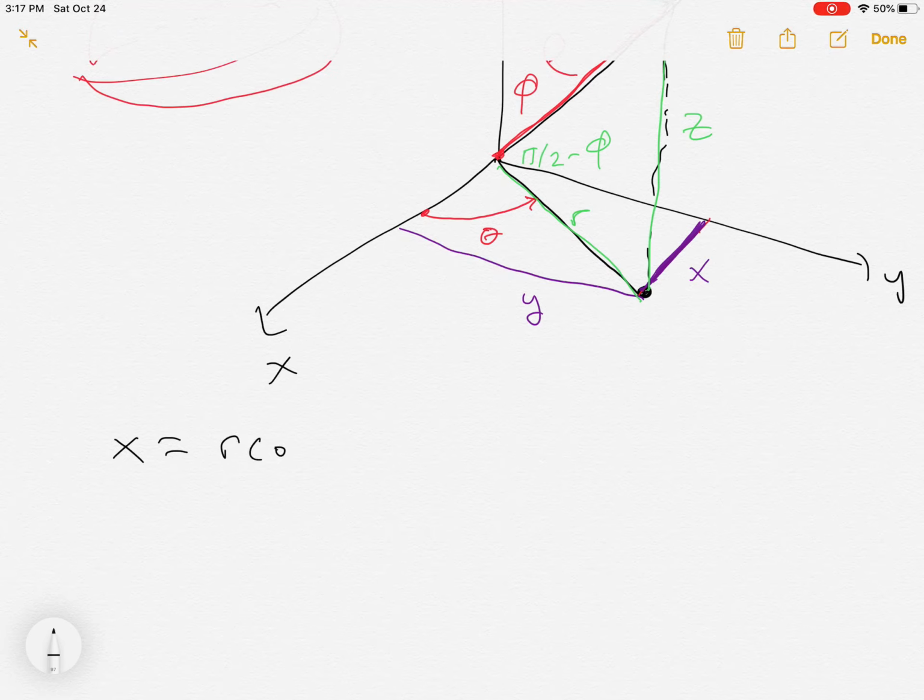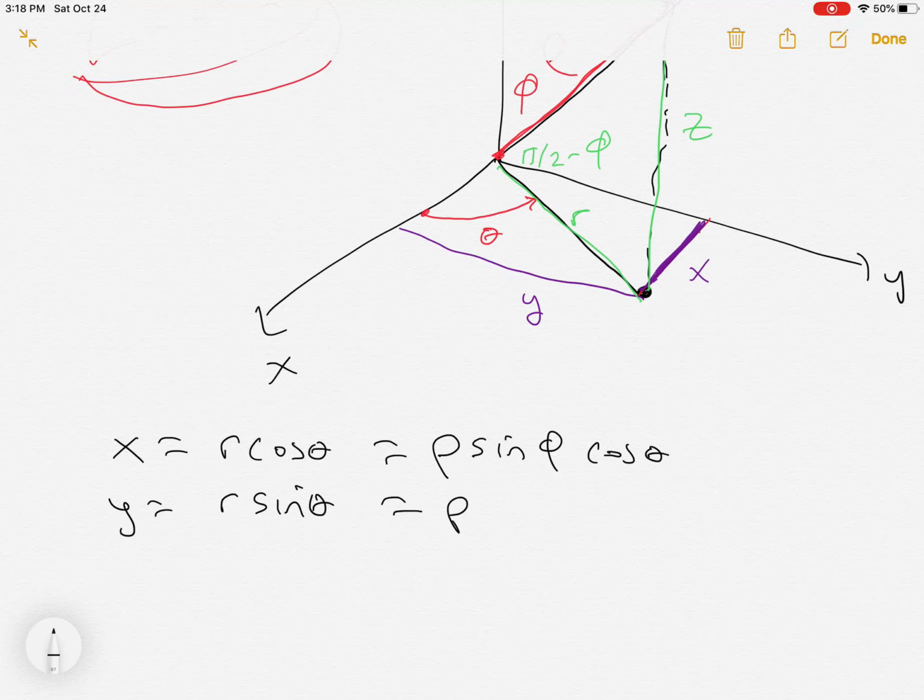In cylindrical coordinates we have r cos theta, and in spherical we have rho sine phi cos theta. Similarly, in rectangular coordinates, we have y. In cylindrical coordinates, we have r sine theta, and in spherical coordinates, we have rho sine phi sine theta.